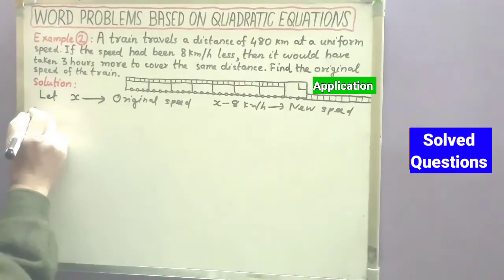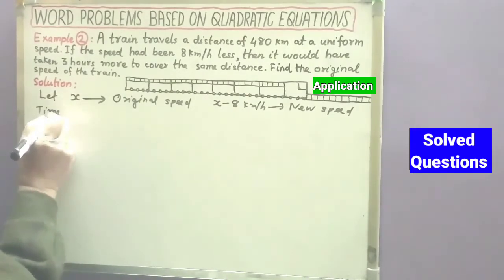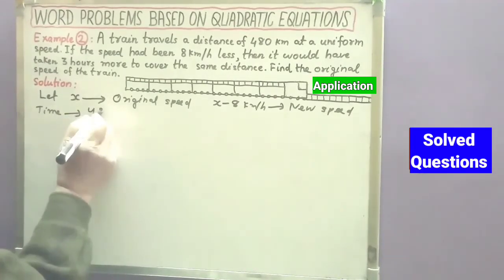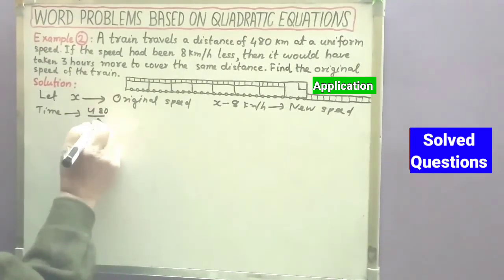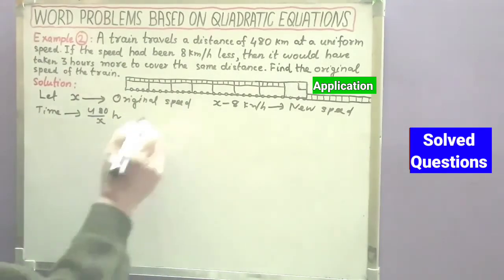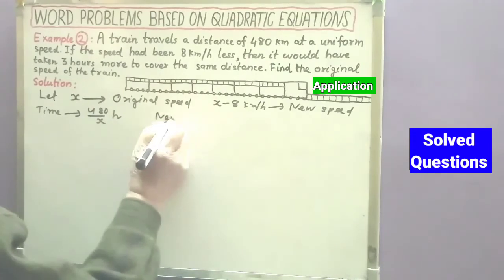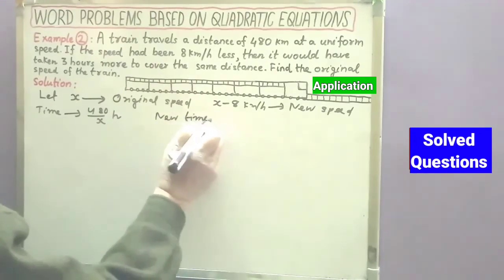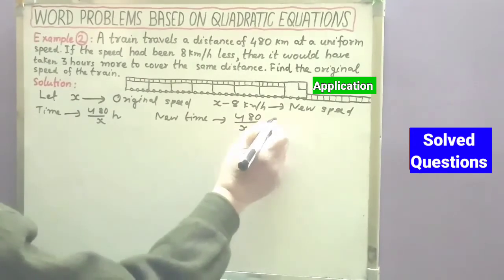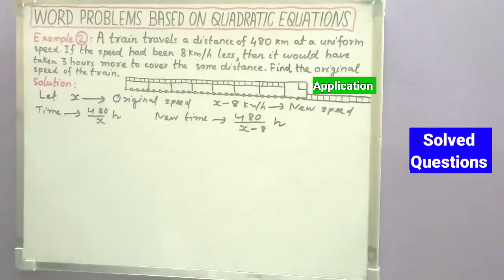Now, the time taken by the train to cover 480 km with the usual speed of x km per hour equal to 480 upon x, because we know that time equal to distance upon speed. Then the time taken to cover 480 km with the new speed x minus 8 km per hour equal to 480 upon x minus 8 hour.